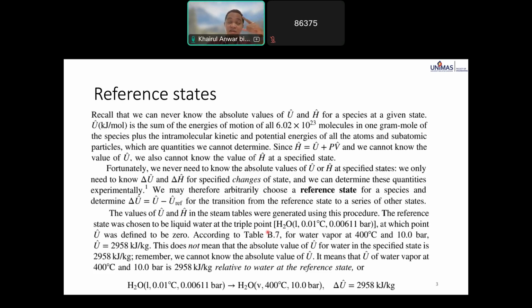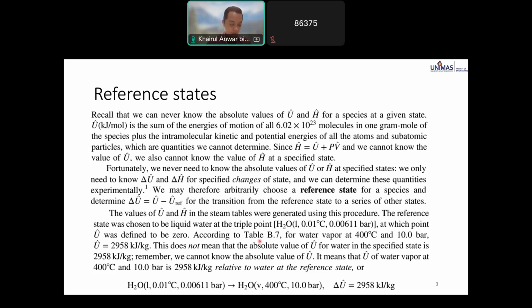If you refer to the phase diagram, it has three corners. The triple point is in the middle between the three corners, at which point U was defined to be 0 according to table B7.